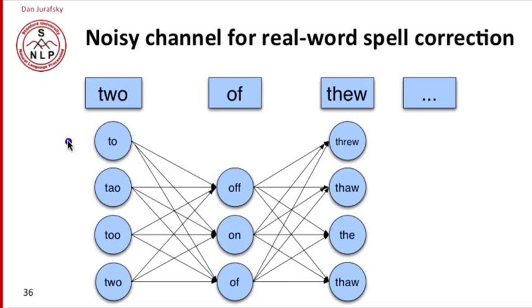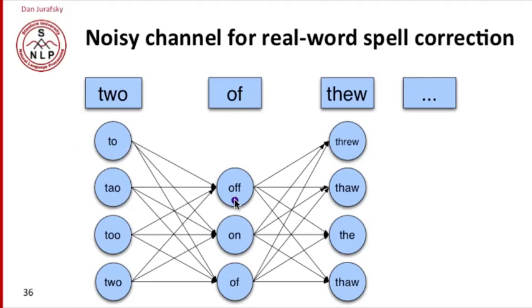So two could have been the word to, where the error was an insertion of a w, or it could be the word tao, where the error was a substitution of an a for a w, or it could have been the word too, or it could correctly be the word two.